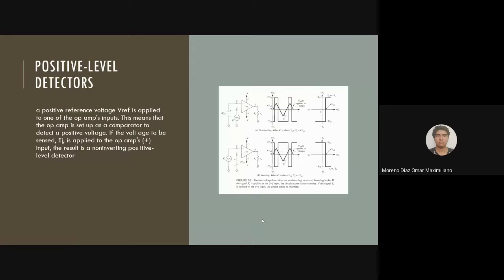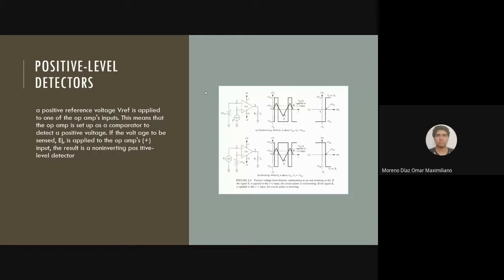In figure 2.5, a positive reference voltage is applied to one of the op-amp inputs. This means that the op-amp is set up as a comparator detecting a positive voltage. If the voltage to sense, E, is applied to the op-amp plus input, the result is a non-inverting positive level detector.